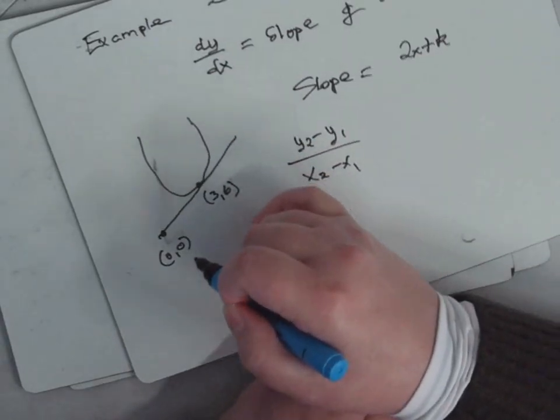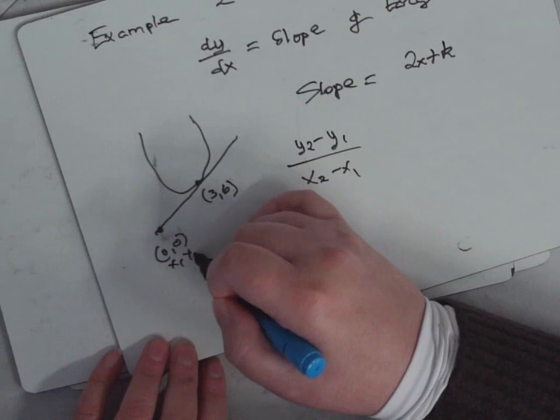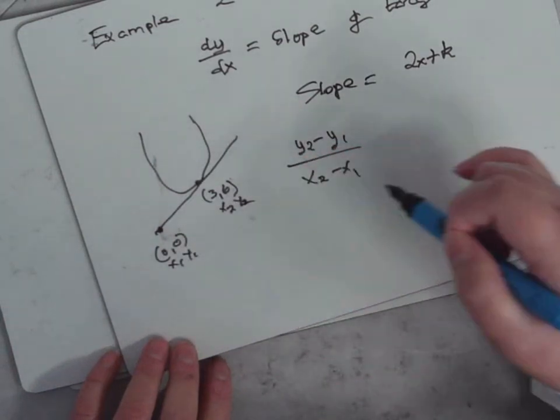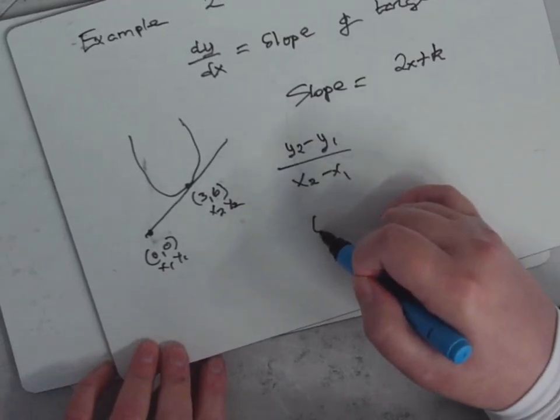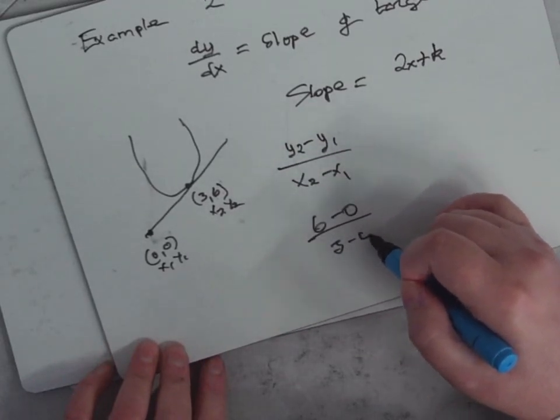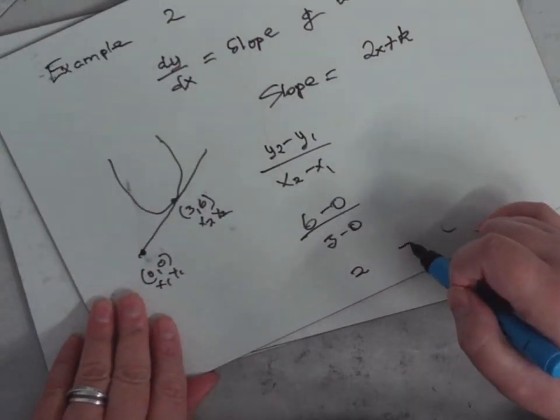So I'll call this x1, y1, x2, y2. So that's 6 minus 0 all over 3 minus 0, which is 2. Am I right? Yeah. So 2 is the slope.